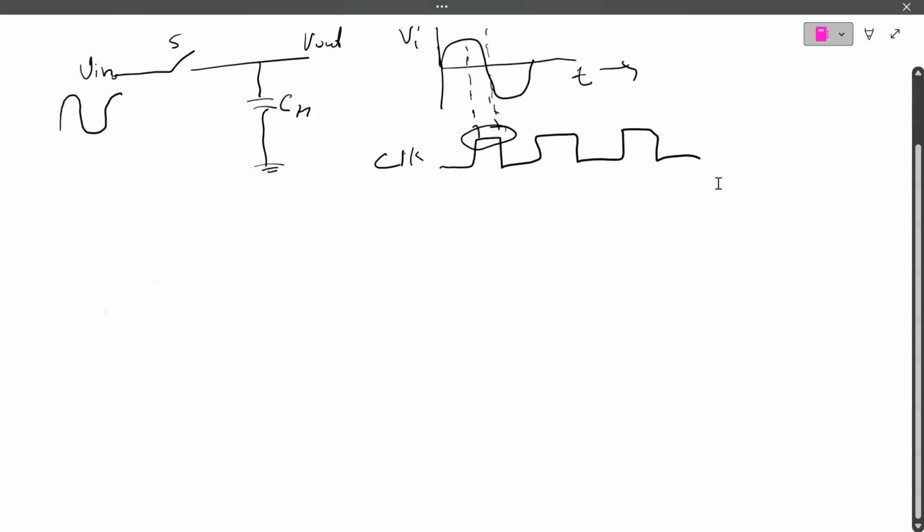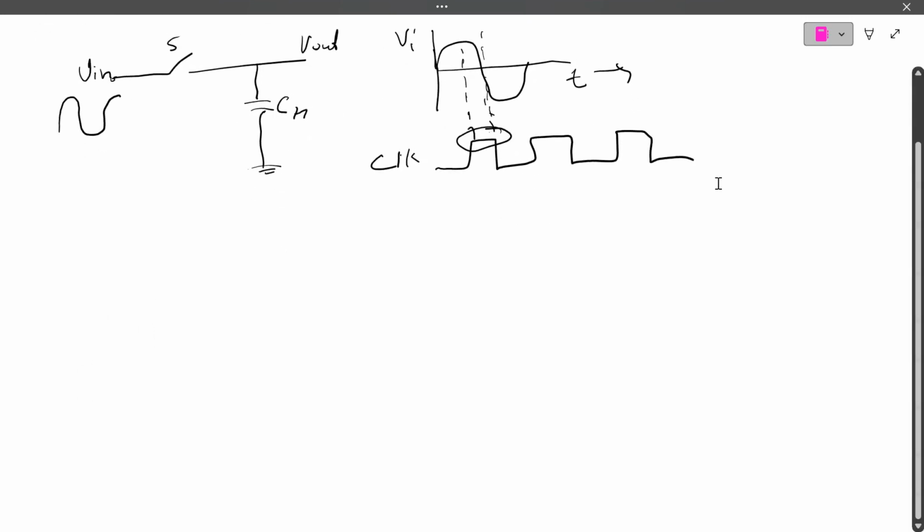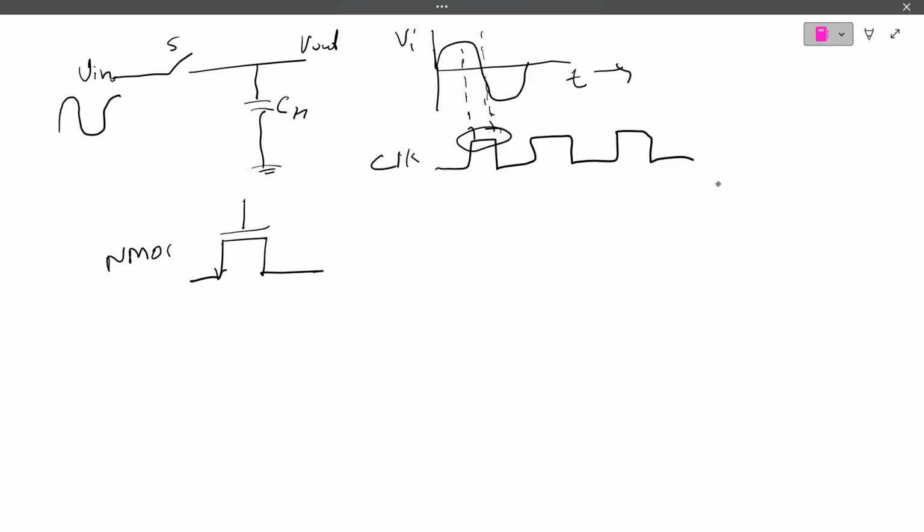As we know, what kind of switch do I put in the sample and hold circuit? That is the matter actually. If I put the NMOS there, this is the NMOS, and this is the PMOS, and one is the transmission gate.